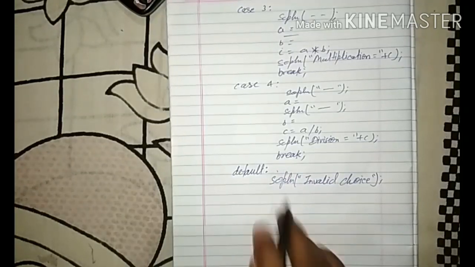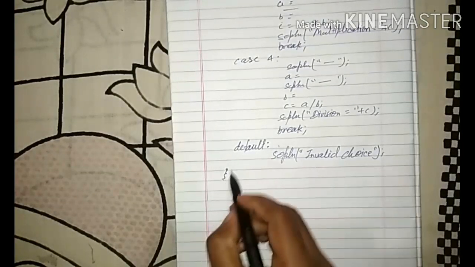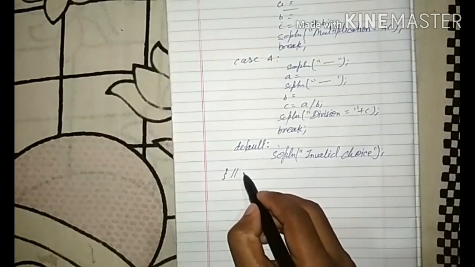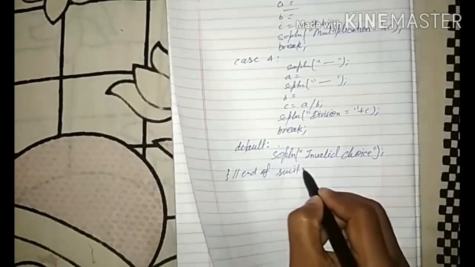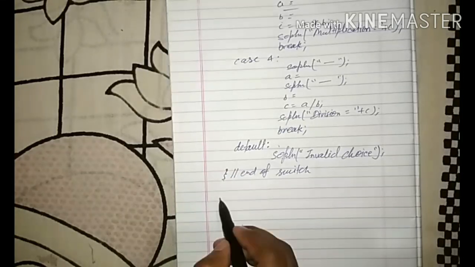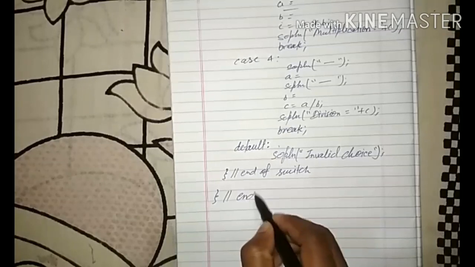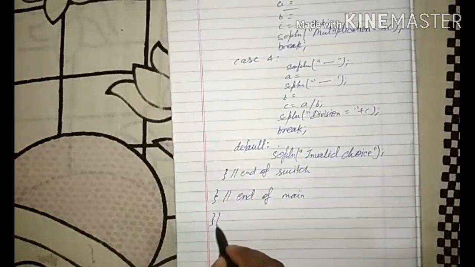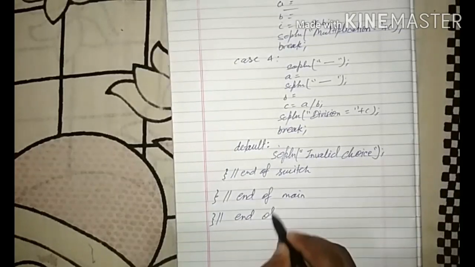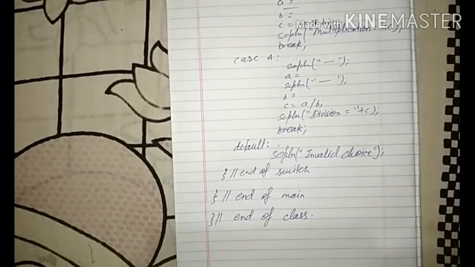After this, let me comment: end of switch. And after that just close main. Let me comment end of main, and this end of class. Okay, this is the way by which we can design the menu driven program.